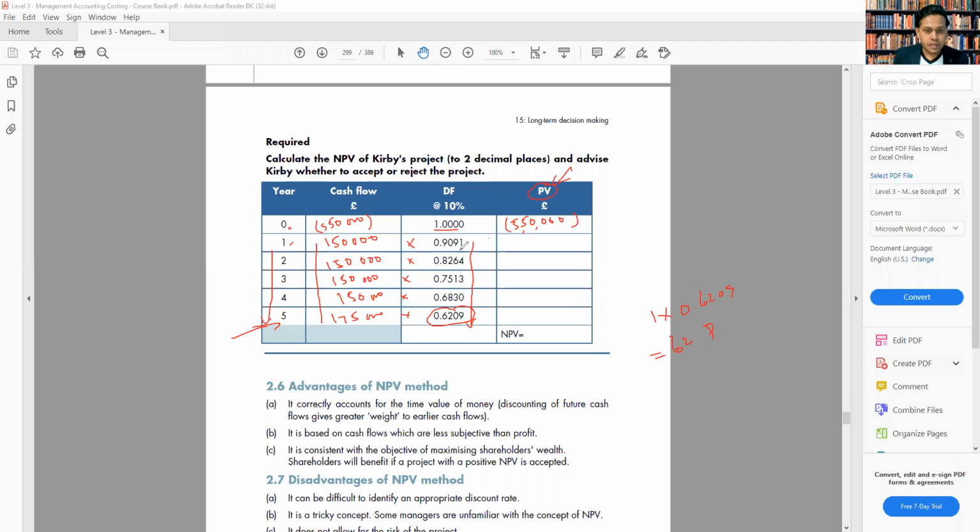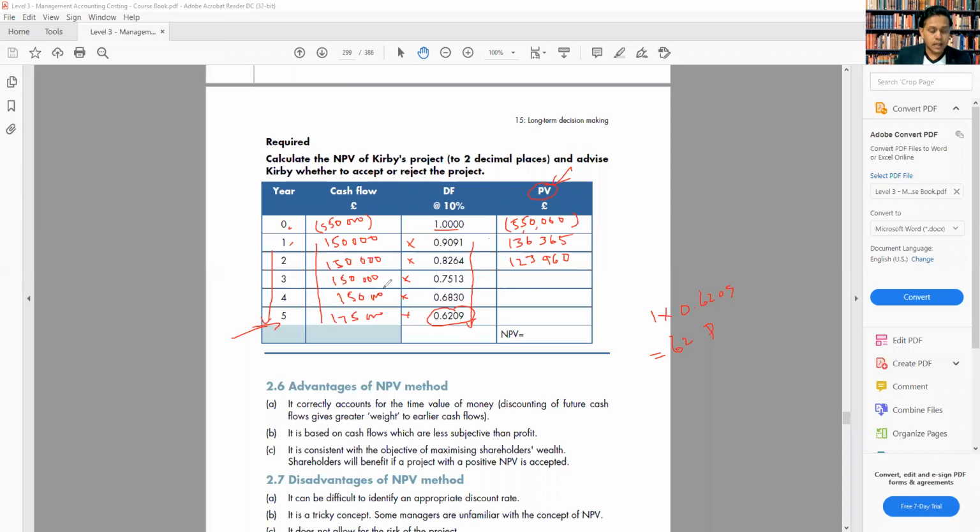150,000 times 0.9091 will give us 136,365. Then the next one, 150,000 times 0.8264, will give me 123,960.